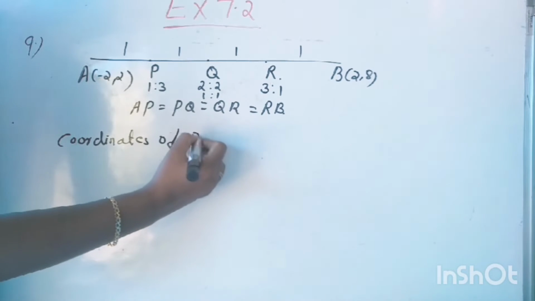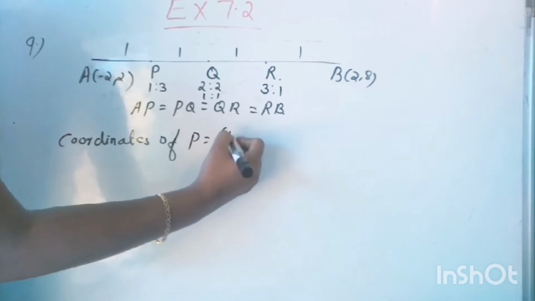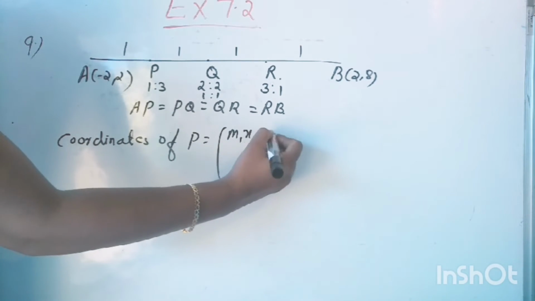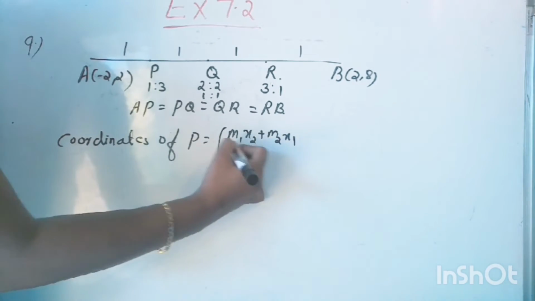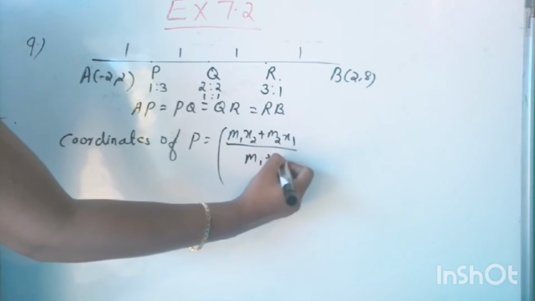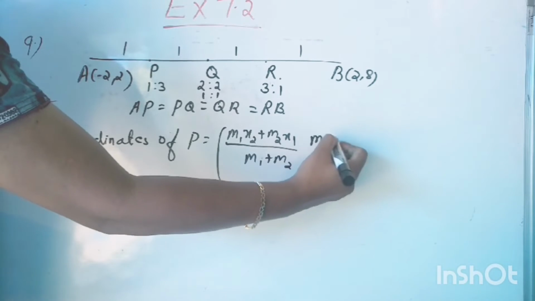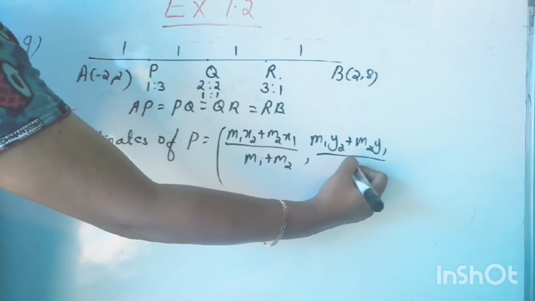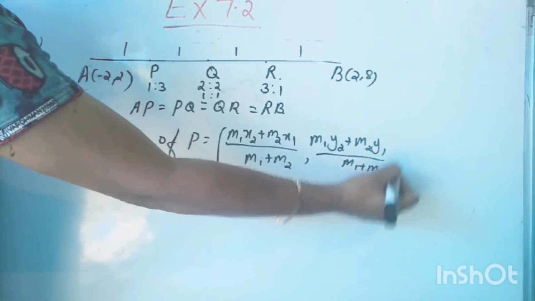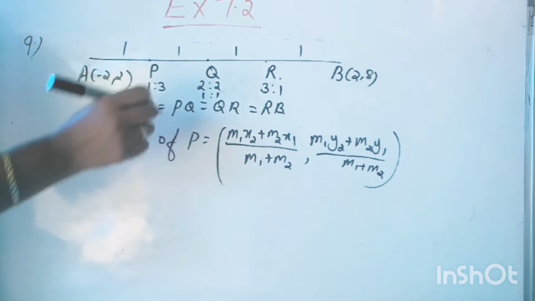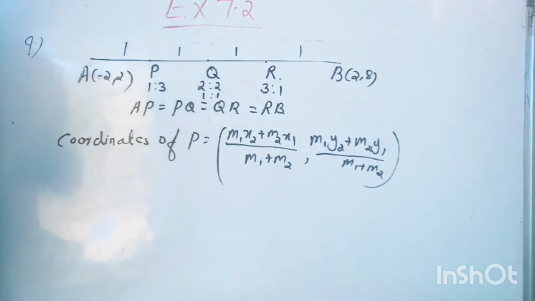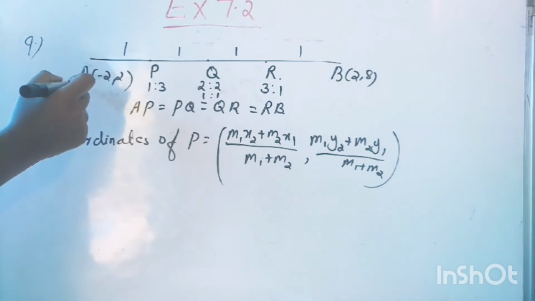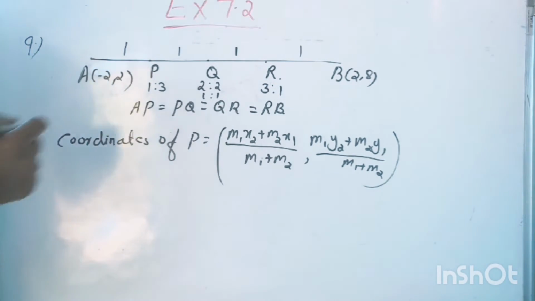Now we are going to find coordinate of P is equal to section formula m1 x2 plus m2 x1 divided by m1 plus m2, m1 y2 plus m2 y1 divided by m1 plus m2. In this, instead of this m1 and m2 we have 1:3, and we will take the coordinates of A as x1 comma y1 and B as x2 comma y2.